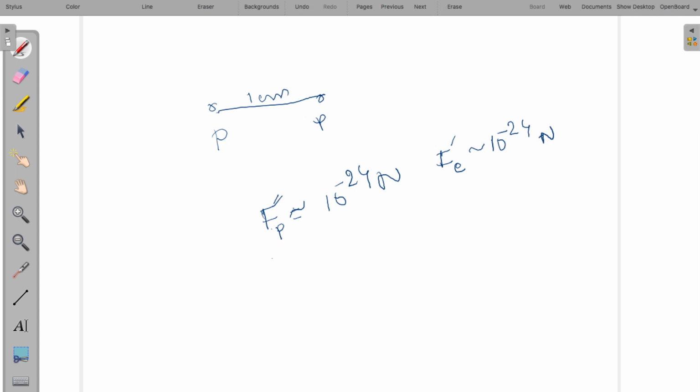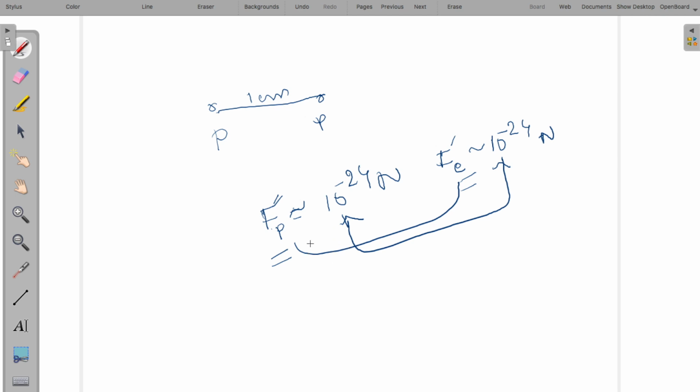We know the mass of the proton and the mass of the electron are different; the protons are heavier than the electron. So although they have different masses, the forces of repulsion are found to be similar. This was the interesting finding.